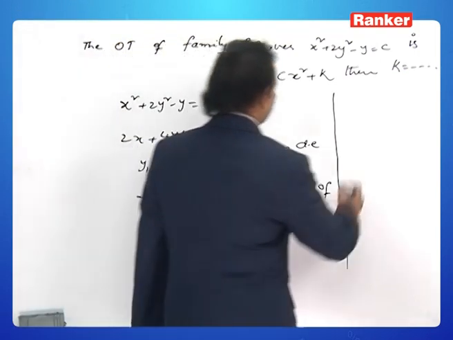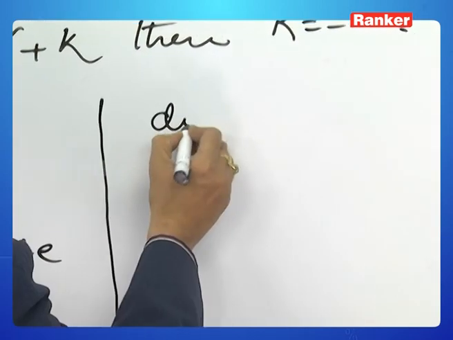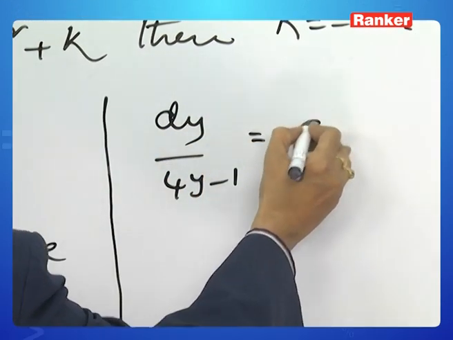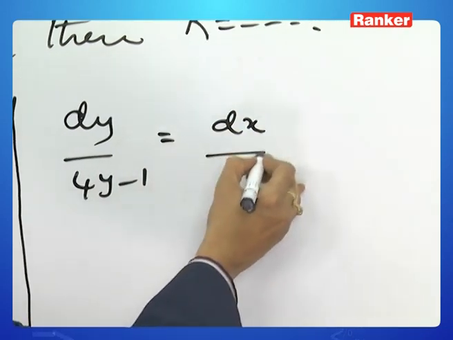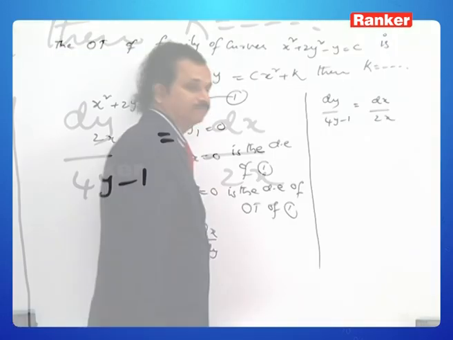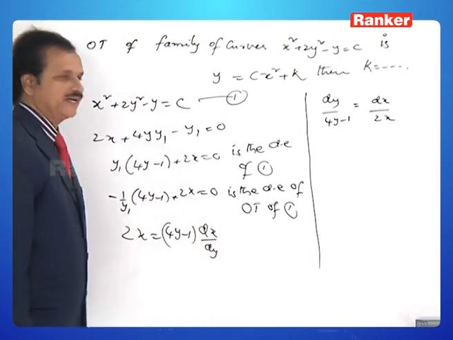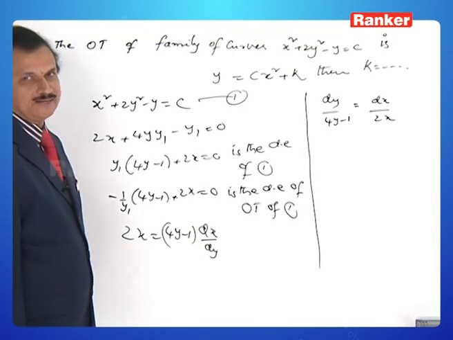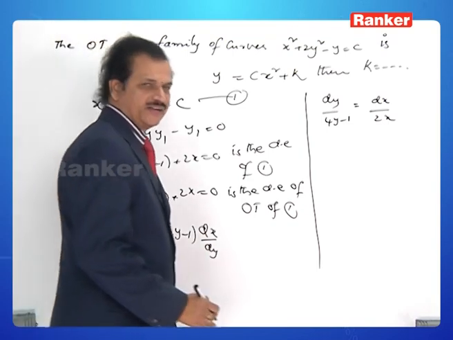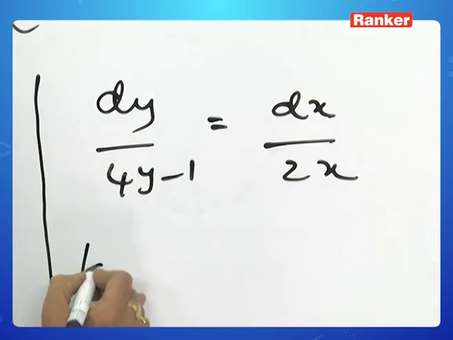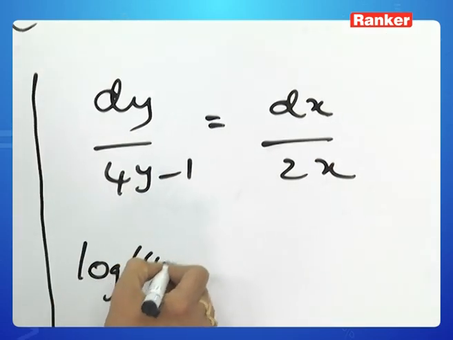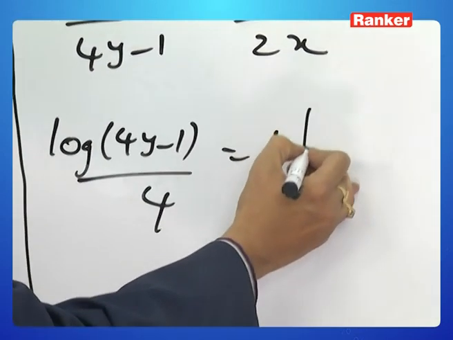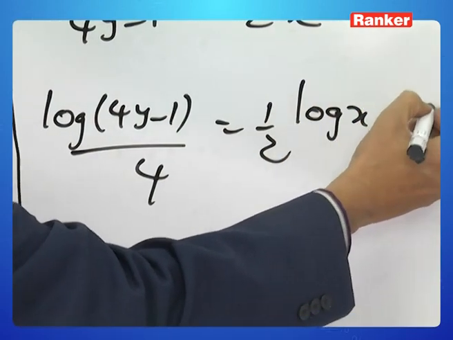Okay. Therefore, dy by 4y minus 1 is equal to dx by 2x, isn't it? And on integrating it, what do you have? Log mod 4y minus 1 by 4 is equal to half log x plus k.